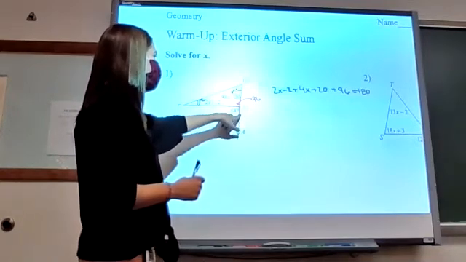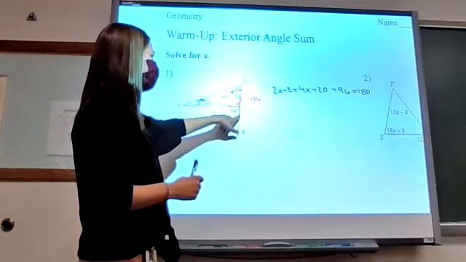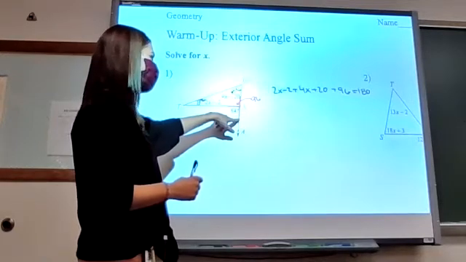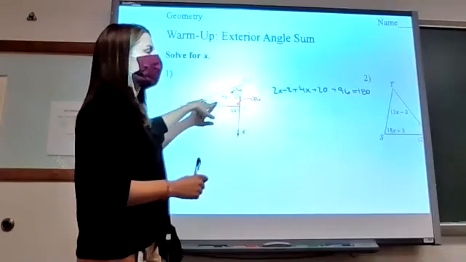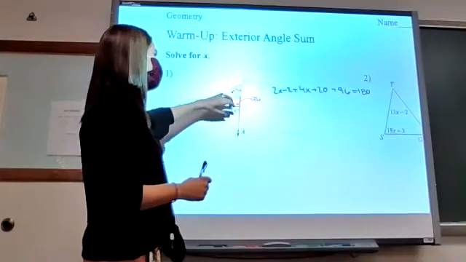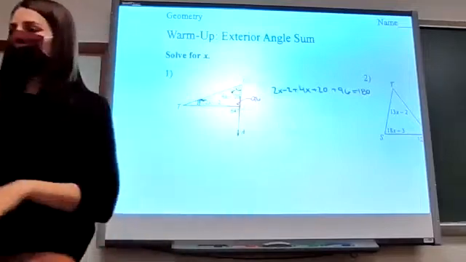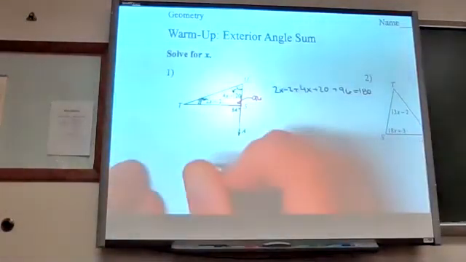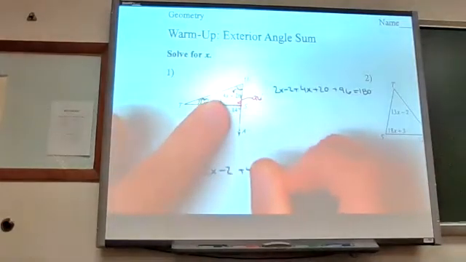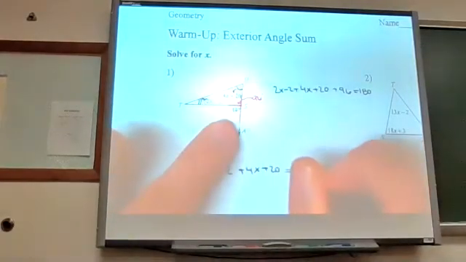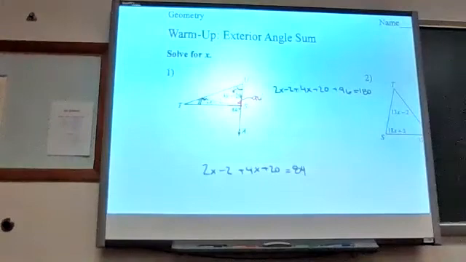That's because 84 degrees and 96 is a linear pair, adds up to 180. And this 96 with these guys have to add up to 180. So it's like a special theorem that I don't necessarily have to use. I could also say that this interior angle plus this interior angle equals my exterior angle.